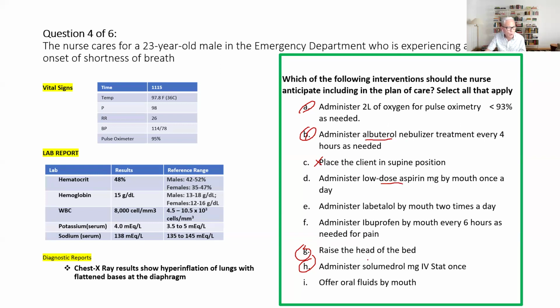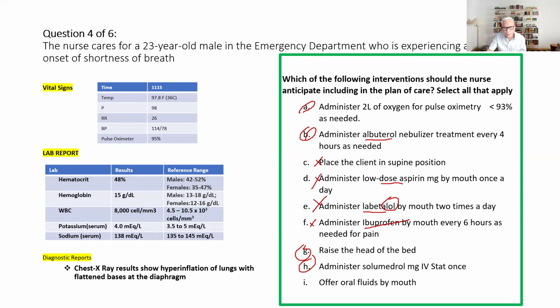Aspirin, we know, as well as ibuprofen, are going to be triggers and therefore should be avoided. And then, of course, labetalol, -alol or -lol, is going to be a beta blocker.